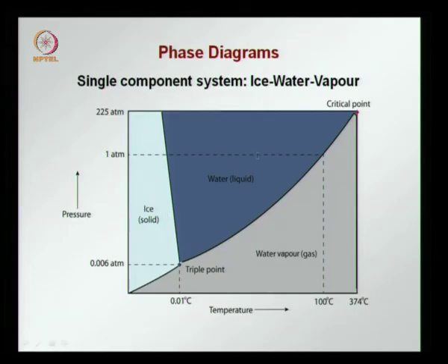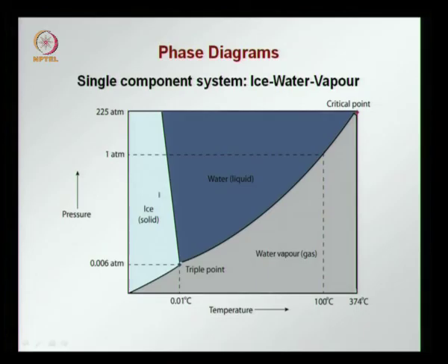The dark blue is the water or the liquid phase, and this is the water vapor or the gaseous phase. Within these you can change both pressure and temperature, where only one phase is existing, that is F is equal to 2, both temperature and pressure can be changed, same within the liquid and within the solid.